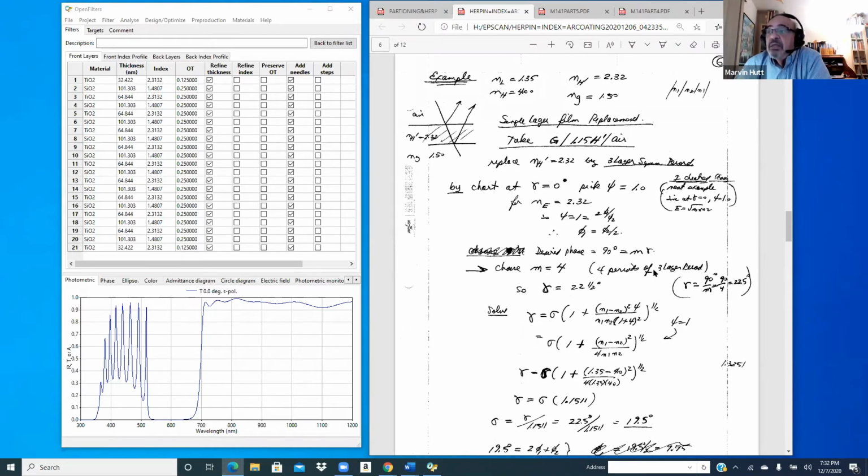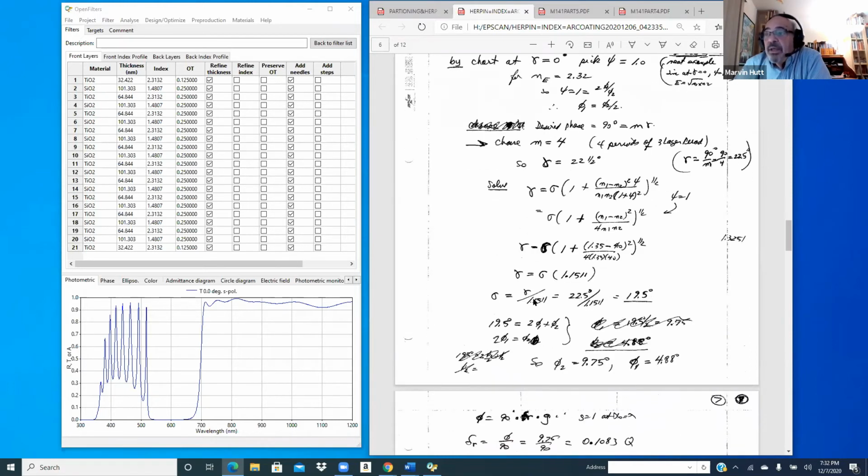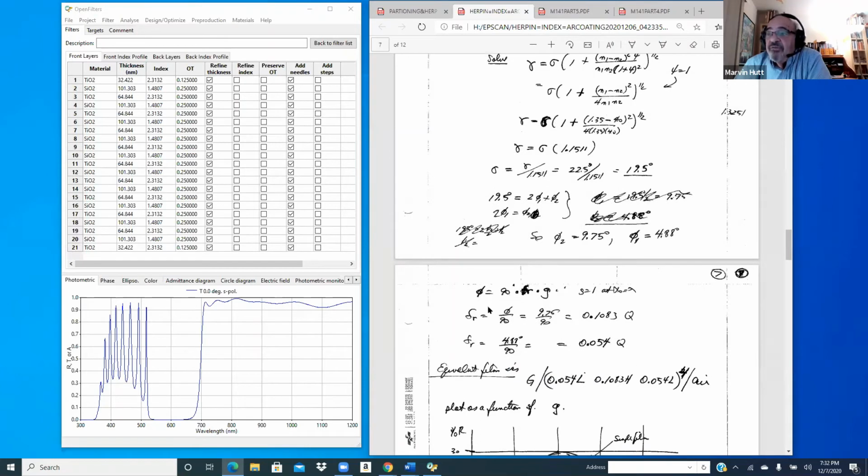The layer is going to be 90 divided by 4, right? 4 periods of layer. So that's 22.5 degrees. Solving for gamma, we end up that gamma is 19.5 degrees, equal to 2 phi1 plus phi2. 2 phi1 is phi2. So phi2 is 9.75 degrees. Phi1 is 4.88 degrees.